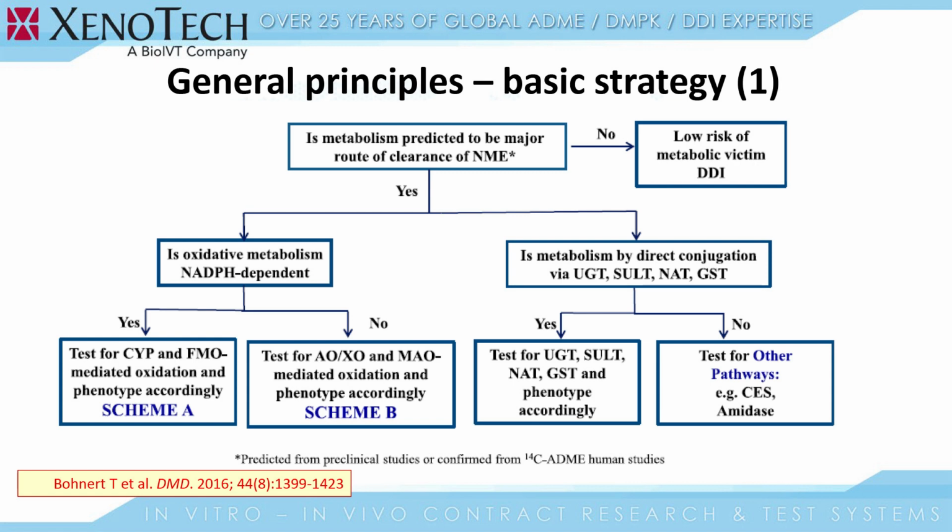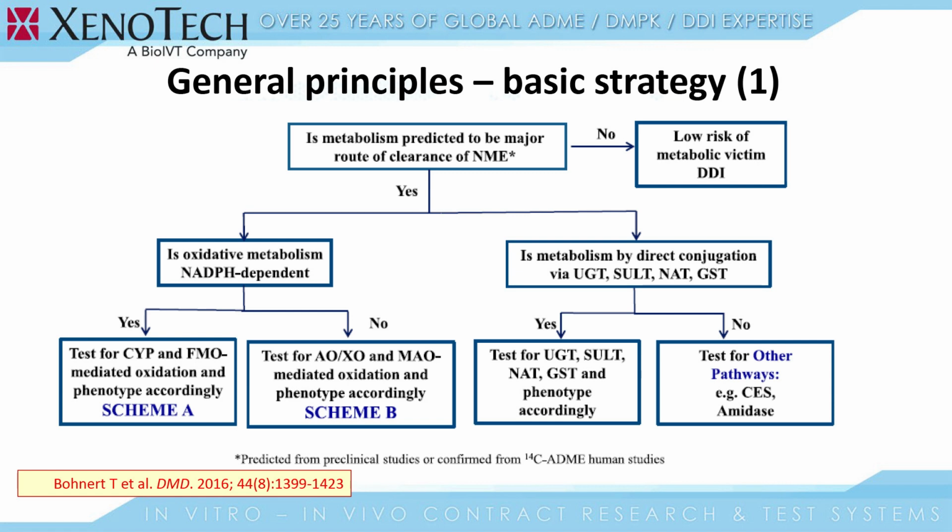However, if metabolism is predicted to be a major route of clearance for the drug, we can split that into two questions to ask next. First, is oxidative metabolism of the compound NADPH dependent? If it is, then we'll test for CYP and FMO mediated oxidation and phenotype these accordingly. If oxidative metabolism is occurring, but it's not NADPH dependent, we'll test for AO, XO, and MAO mediated oxidation, and again, phenotype accordingly.